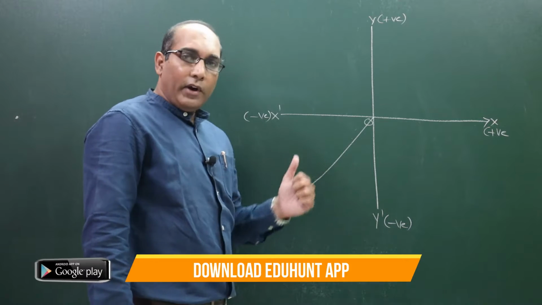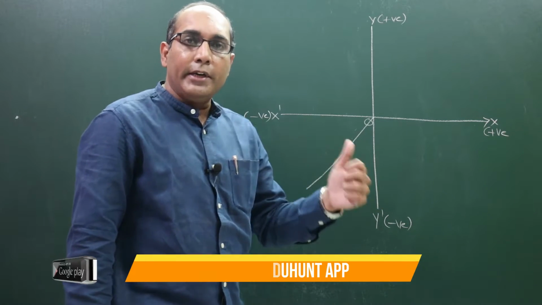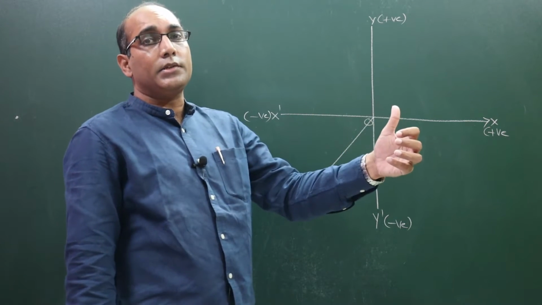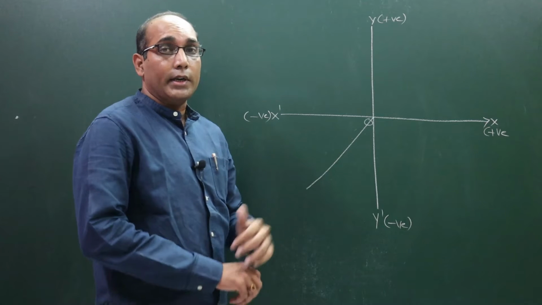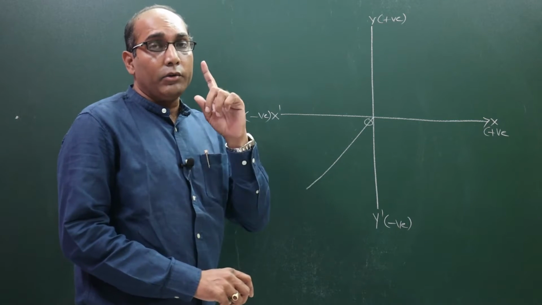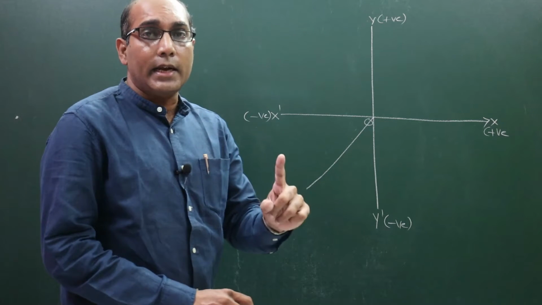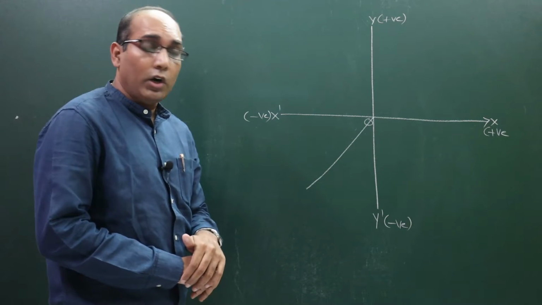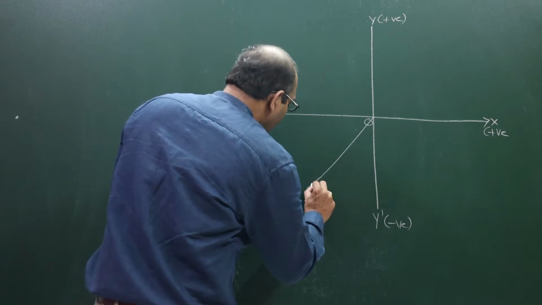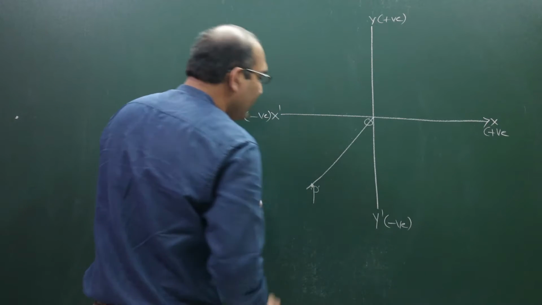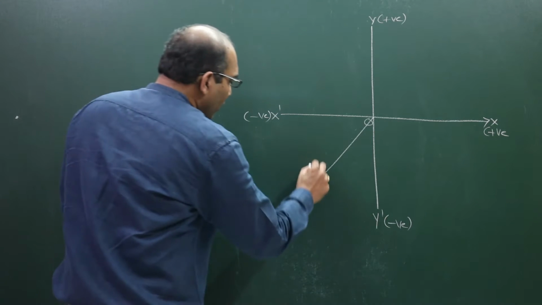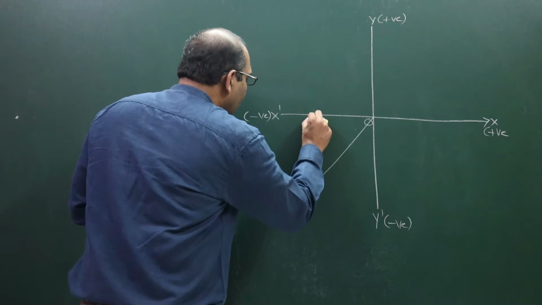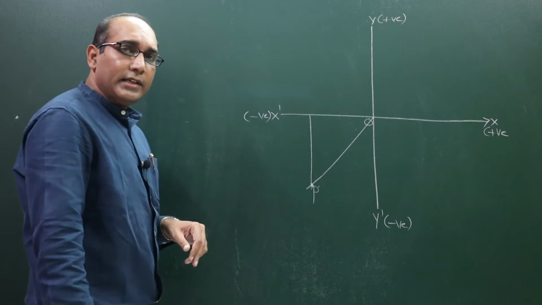Now, how do we define the trigonometric ratios when the terminal side lies in the third quadrant? First of all, we have to form a right angle triangle in the third quadrant. Let us consider a point P and draw the perpendicular to the x-axis.